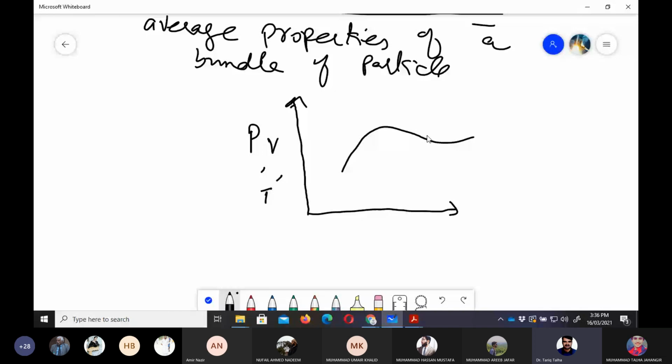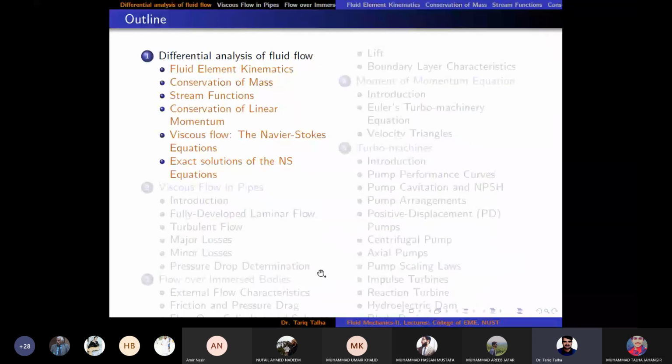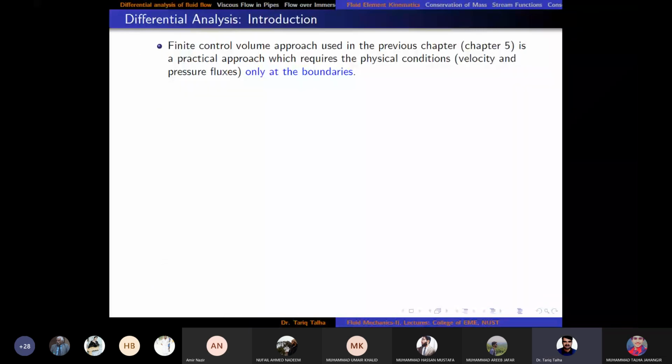Now, quickly, I can give you a basic recap of what we have covered up to now. First of all, differential analysis, why do we need it? Because we have already discussed the finite control volume approach, which was chapter number 5. That is the approach which only requires the physical conditions at the boundary.